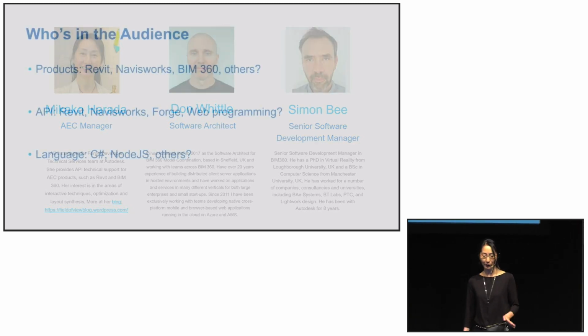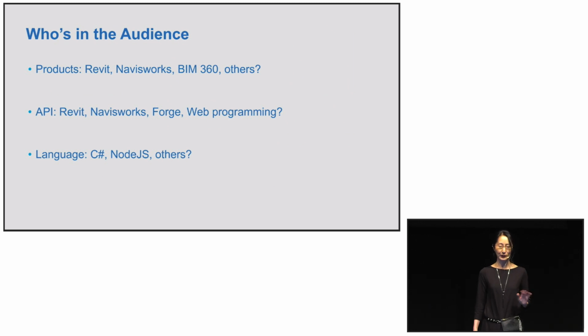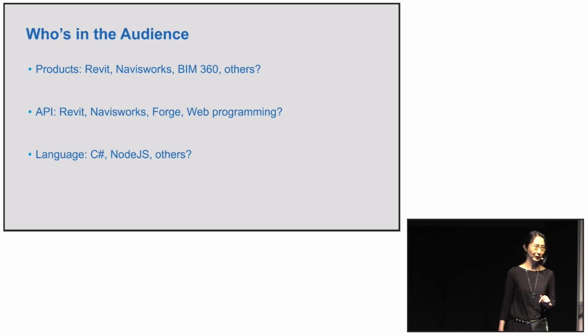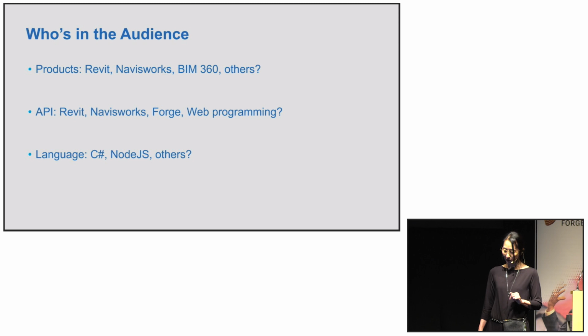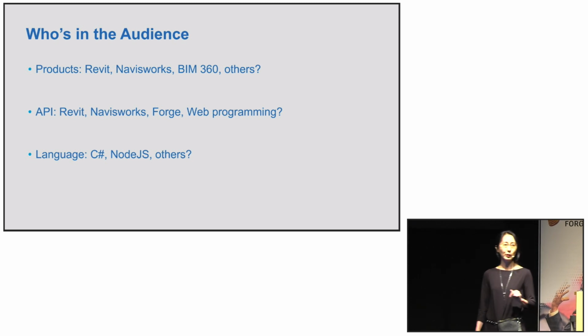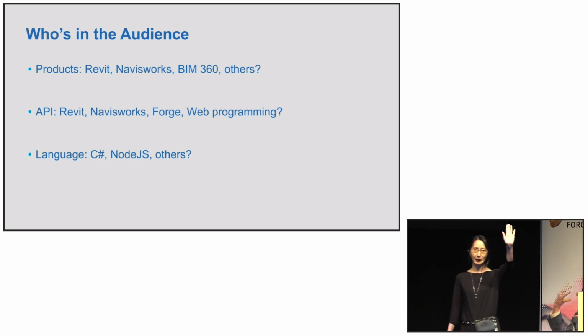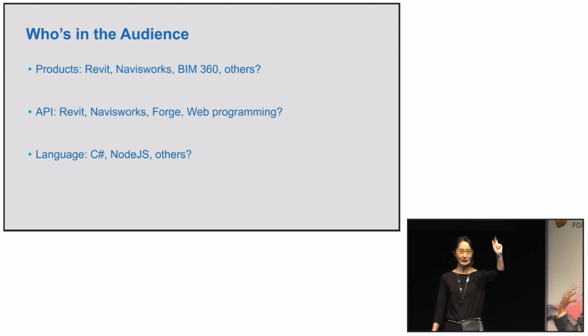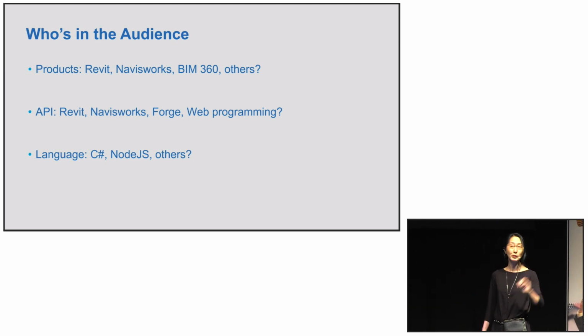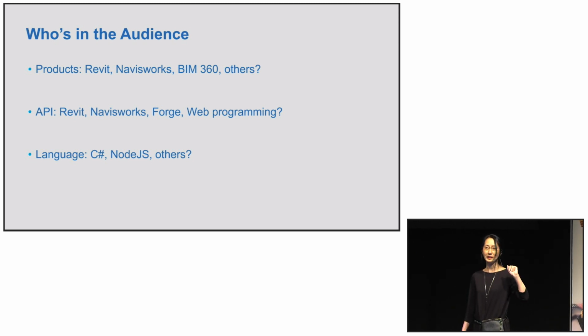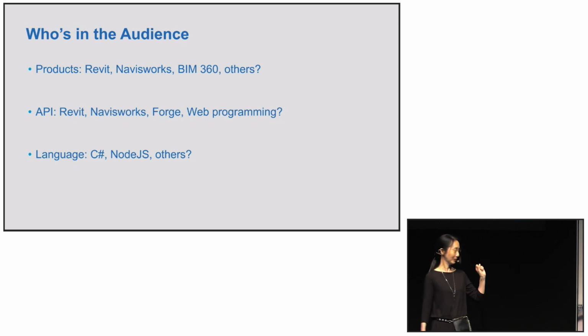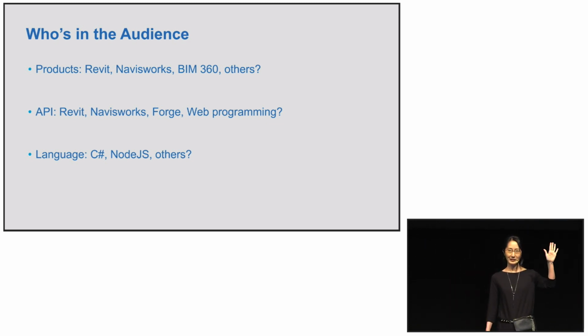So we said a bit about ourselves, and I want to know who's in the audience. I usually try to get some idea who is here. About the product, who knows Revit or uses Revit? Almost everybody. I like it. And Navisworks? Okay. And then BIM360? Good. So I think the audience knows our product. And APIs: who knows the Revit API?